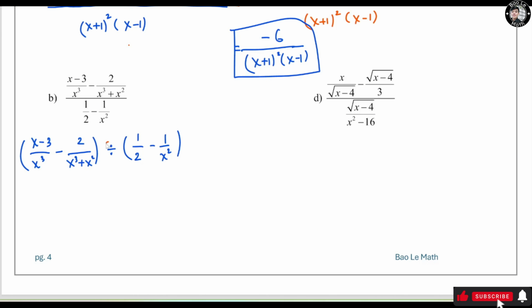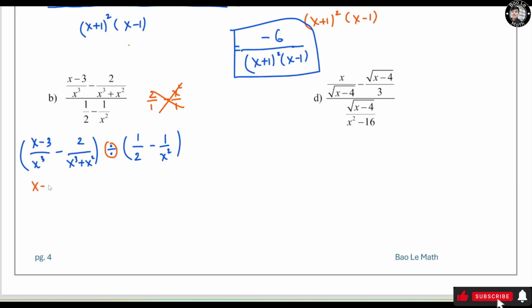Now, before you turn this one into multiplication, you need to simplify this one first, so you're not going to take the reciprocal of this one yet, so keep that in mind. If you just literally write 2 over 1 minus s squared over 1, this one is completely wrong, so keep that in mind. Now, the first one right here, I need to find the LCD of this guy, so I need to factor this guy out first, right?